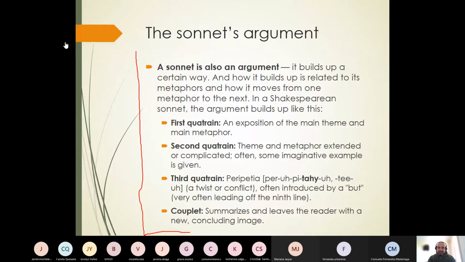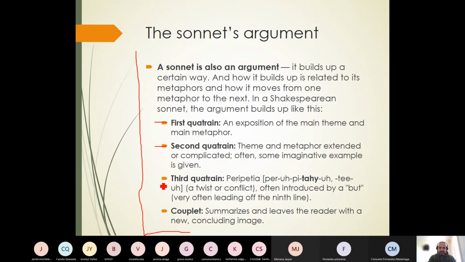So in the first quatrain, we have a presentation of the main thing, what the sonnet is going to be about. Then an elaboration, or an addition of other elements that extend the meaning of the metaphors used in the first quatrain.